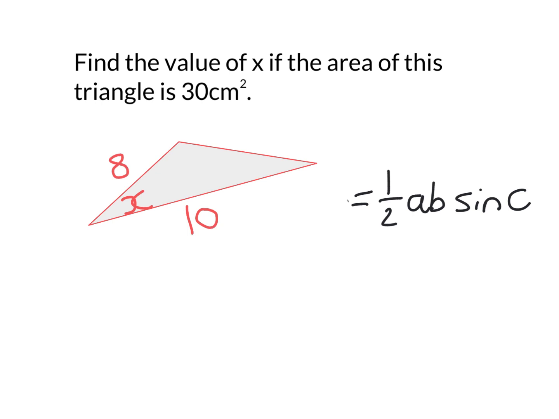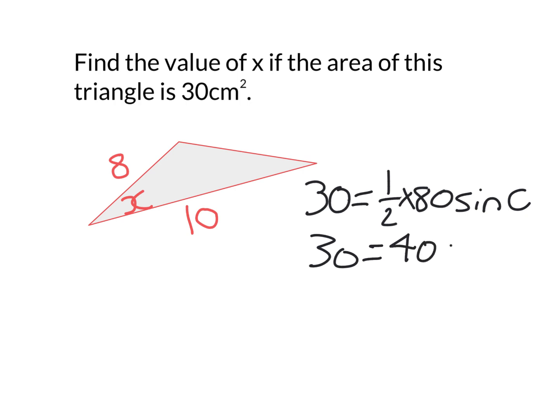So we know that the area is 30, and we're going to substitute a and b here for 8 and 10. Now it doesn't matter which you call a and which you call b. So a times b is 80. So we get 30 equals 40 sine C. Simply divide each side by 40.